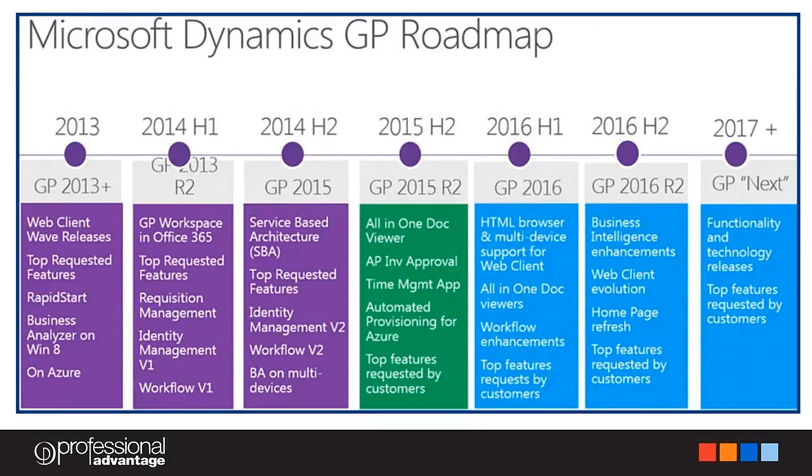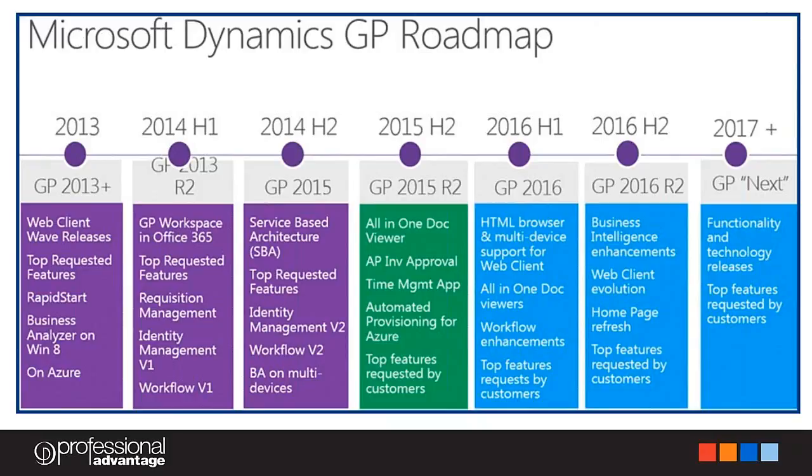So when upgrading to GP 2016, you'll be able to take advantage of what was released all the way from your current version: the 2013 release and 2013 R2, as well as 2015 and 2015 R2.